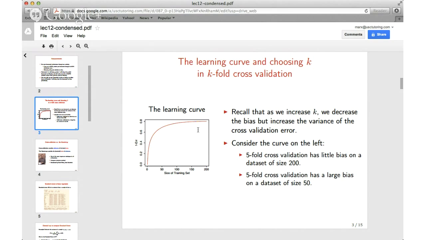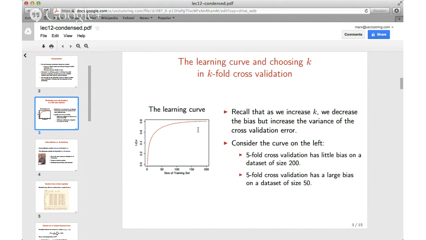Basically, that's why we say that if you train on the entire data set, or close to the entire data set, then you're decreasing bias, but you're increasing variance, right? This comes in relationship to the bias-variance trade-off.